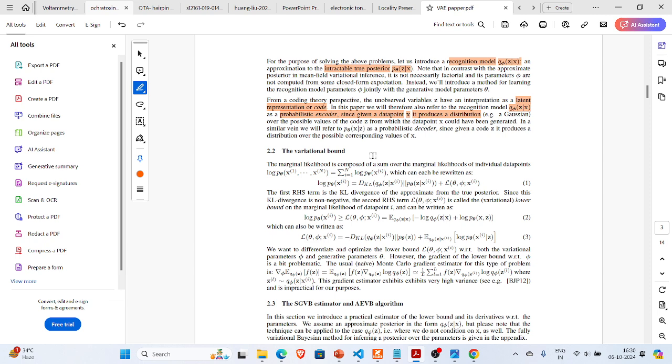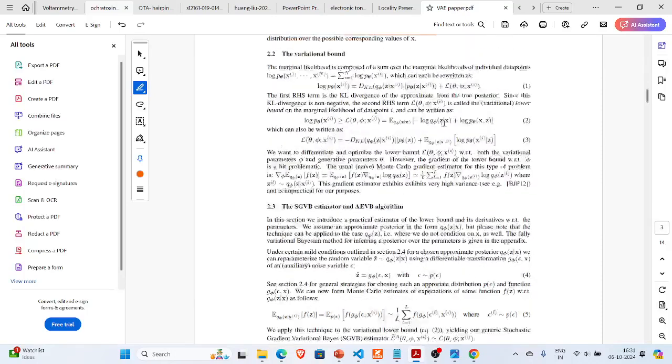And this is a probabilistic decoder. So the idea is that first we get z through this distribution q phi of z given x, then we get x from z with distribution p theta of x given z. This is basically the idea.